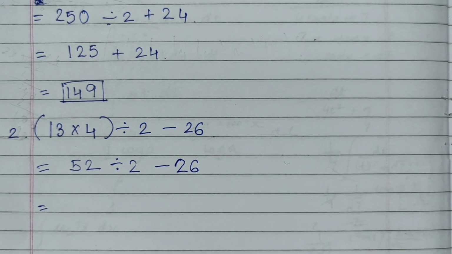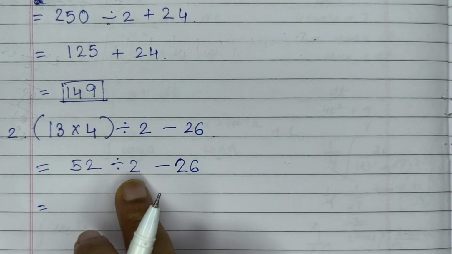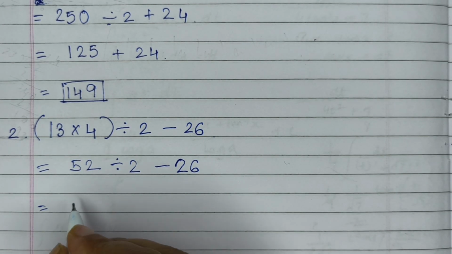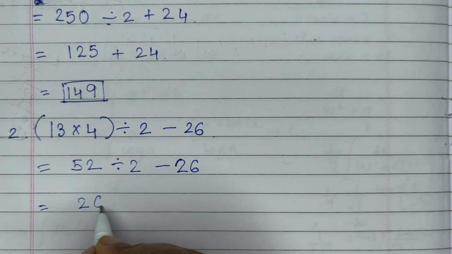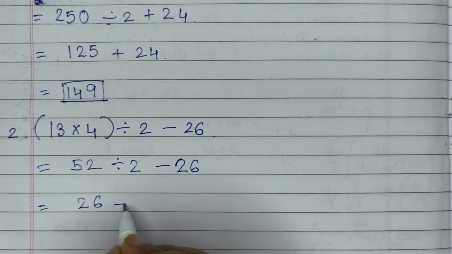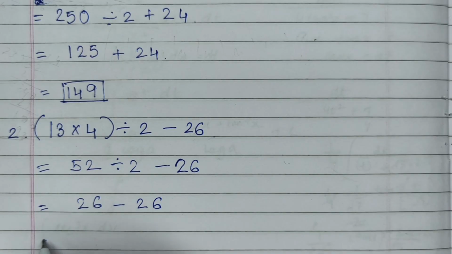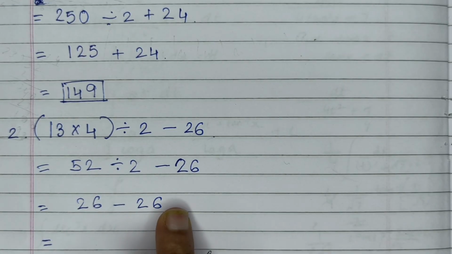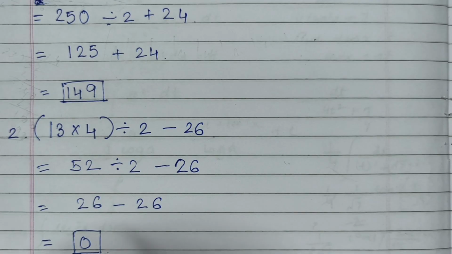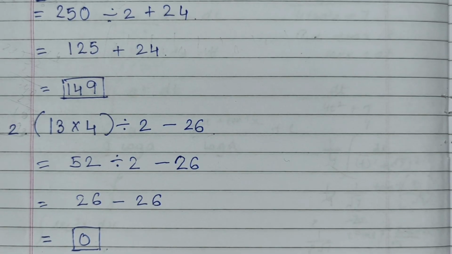Now 52 divided by 2, you get 26. What is left over here? Minus 26. Now 26 minus 26 is 0. So your answer is 0. Understood the second sum, children? First solve the bracket.